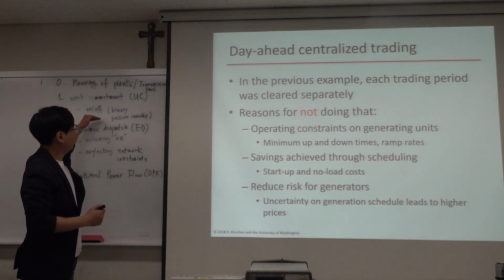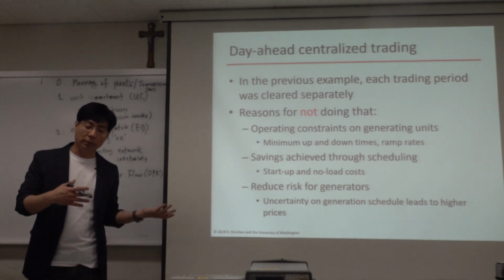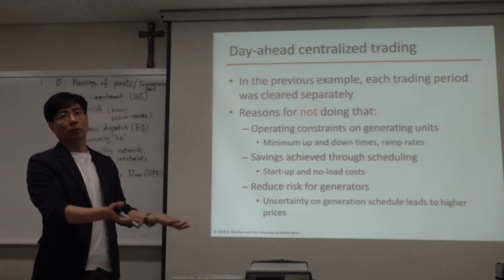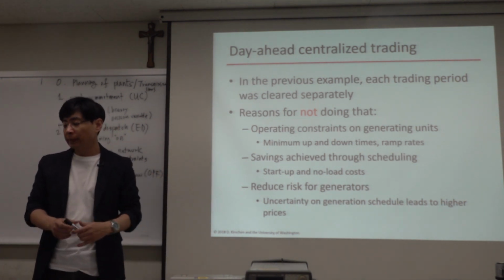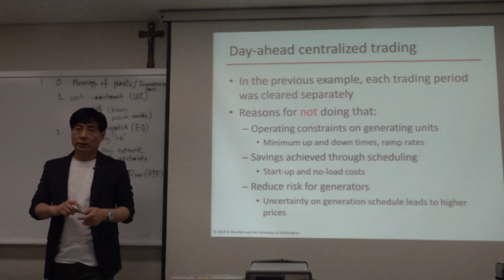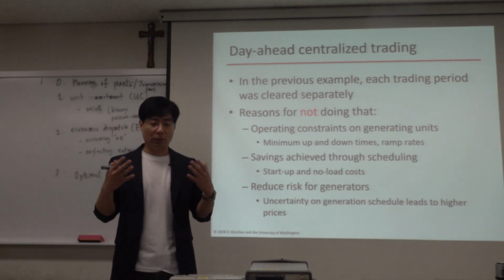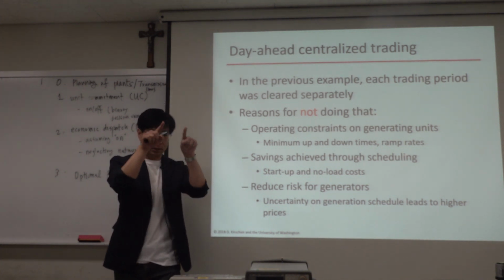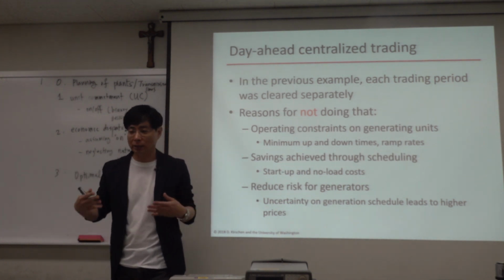But given the turned on generators, the next job is to determine how much to produce to satisfy the total demand. In the previous case, 450 megawatt. That is a very easy optimization problem, and that is called economic dispatch. What is the meaning of dispatch? Dispatch means you cut a small amount and put it somewhere. Okay, so that's the dispatch.